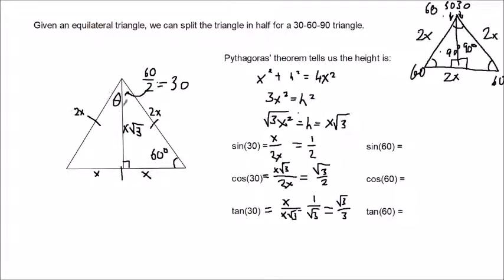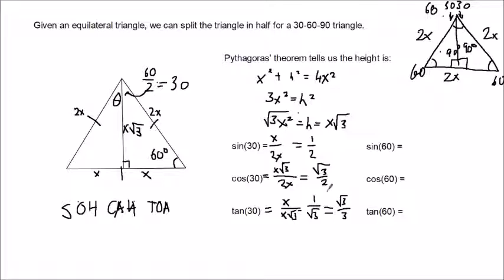Cosine of this theta will be adjacent over hypotenuse, which would be x square root of 3 over 2x, which is square root of 3 over 2. It looks a little messy, but it's really nice whenever you have those long, complicated formulas and you can simplify them down to a simple formula like this. So tan 30 is x over x square root of 3, which is 1 over the square root of 3, which is square root of 3 over 3.